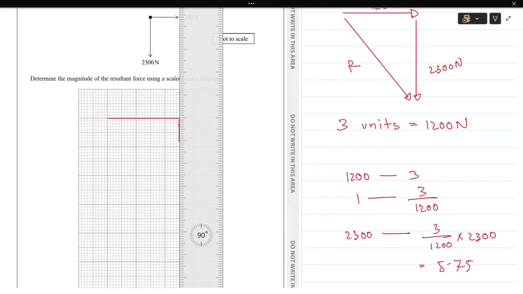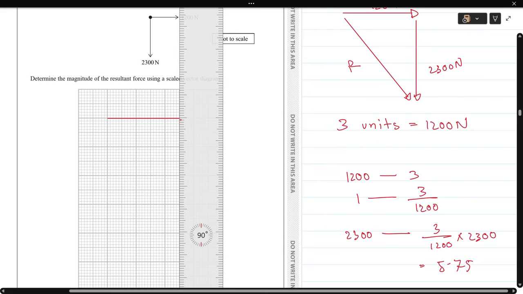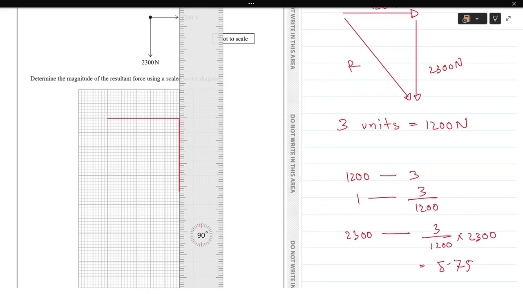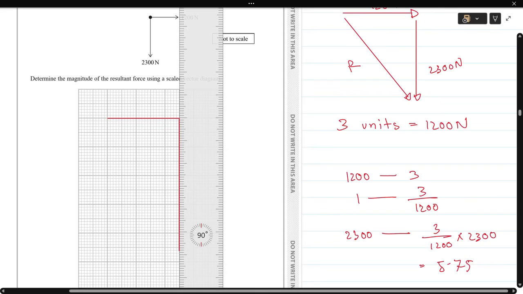So one unit, 2 units, 3, 4, 5, and 5.75 would be over here. Okay, now we can remove the ruler.